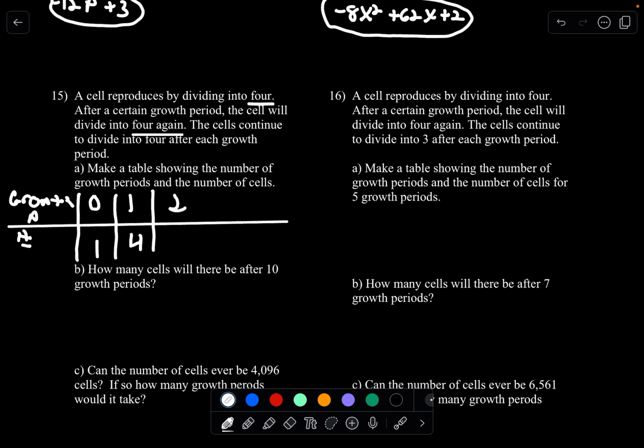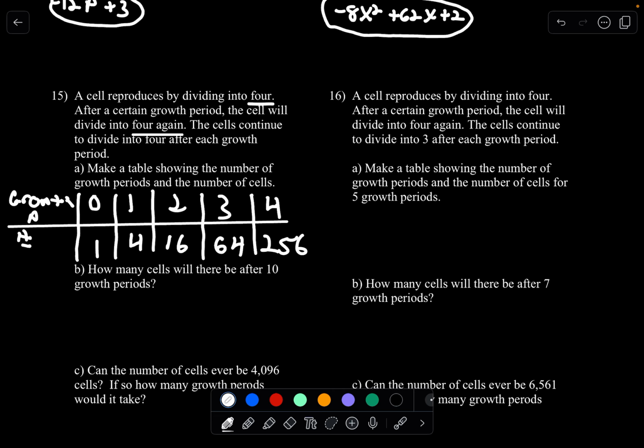So each one divides into 4, so it gets multiplied by 4, and we got 16. Then after the third growth period, it'd be 4 times 16, which I happen to know off the top of my head is 64. And then after the fourth growth period, it'd be 64 times 4, which is a good sized number, which is 256.